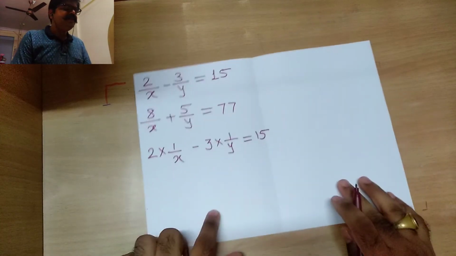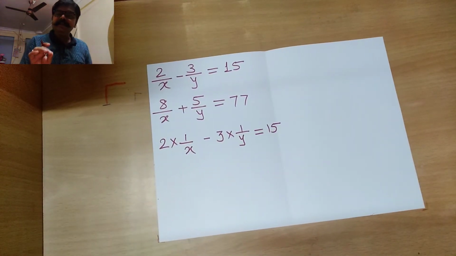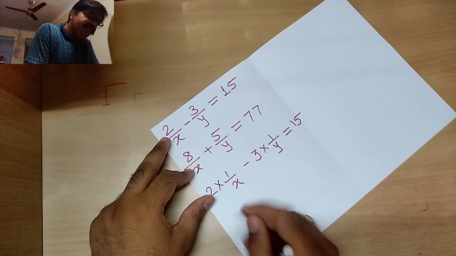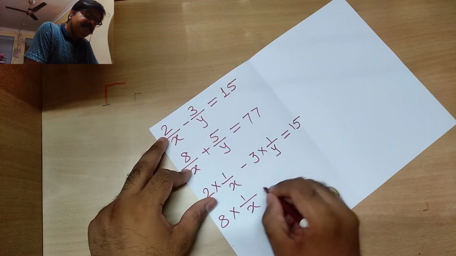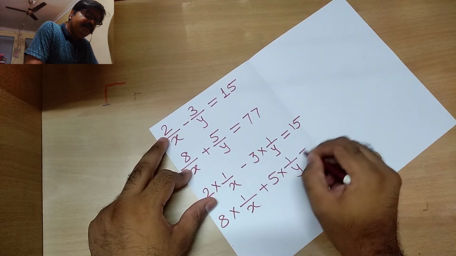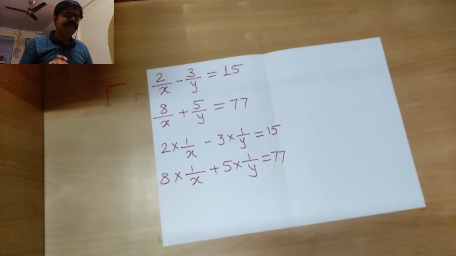That is the first equation we have written so far. Okay. Similarly, the second equation can also be written in the same way. It will be 1 multiplied by 1 upon x plus 5 multiplied by 1 upon y is equal to 77. So this is how we have written the equations.